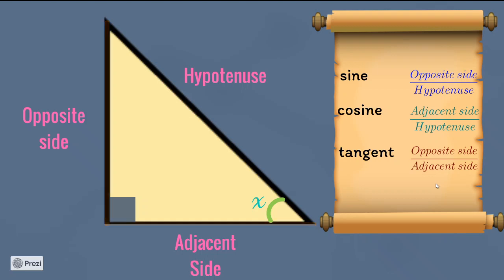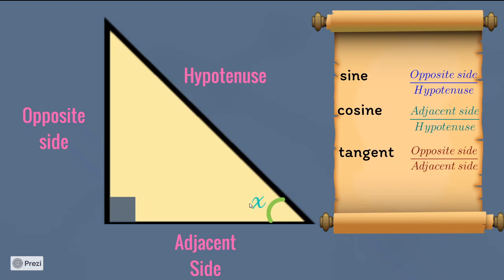Now all these ratios are dependent on the angle x, because if it was some other angle, then the opposite side and the adjacent side would change. Hypotenuse would remain the same, of course, but the opposite side and the adjacent side are dependent on the angle, because the opposite side is the side opposite to x, and the adjacent side is the side adjacent to x.